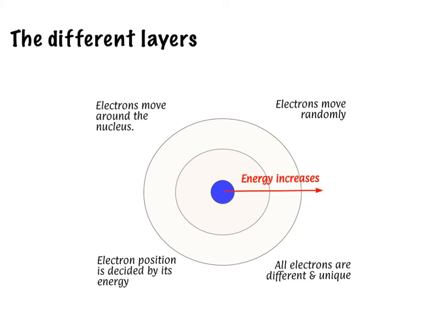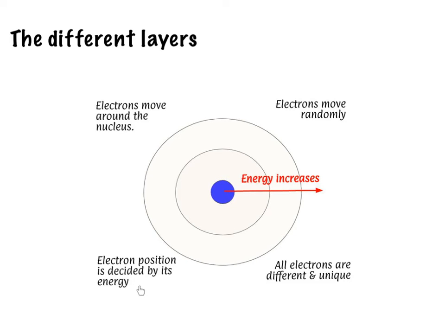Electrons move in these areas. Electrons don't move like cars on a racing track or planets around the sun. They move randomly. So they're going to be found in these areas, but they're not found between them. Remember we said they're found in the area here or here, but not in the intervening areas.